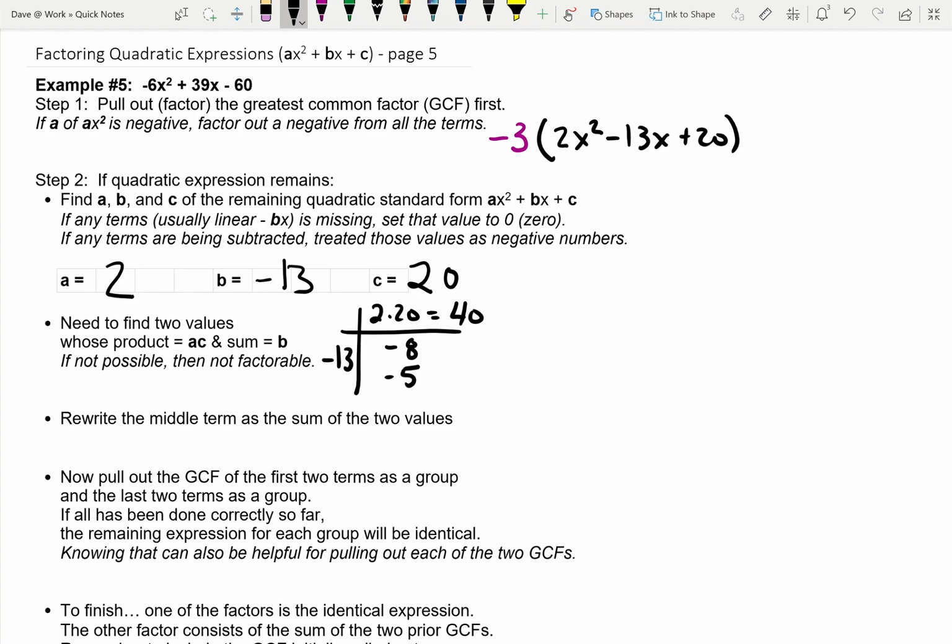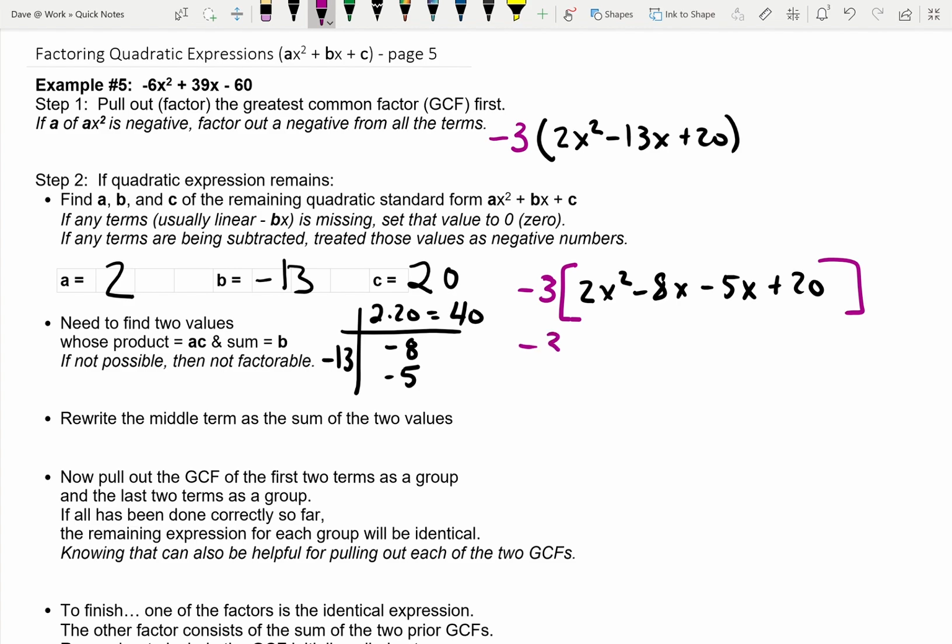Negative 8 times negative 5 is 40, and negative 8 plus negative 5 is negative 13. So, again, the negative 3 is part of the factors. But when I break up the middle term, I really just want to write 2x squared, use my negative 8 as a linear term, so negative 8x, use negative 5x as the second linear term, and then put 20 at the end.